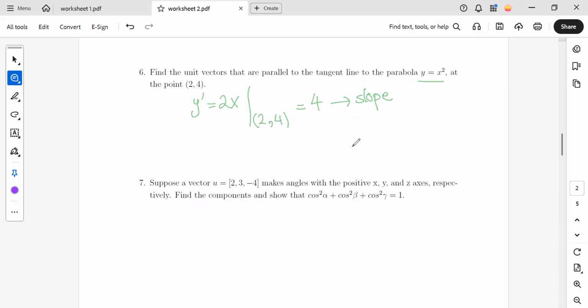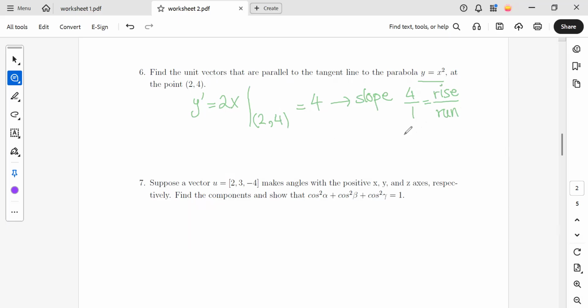In order to find the unit vectors that are parallel to the tangent line, we would say that when slope is 4, it means 4 over 1. We know that this means rise over run. But what does this mean?